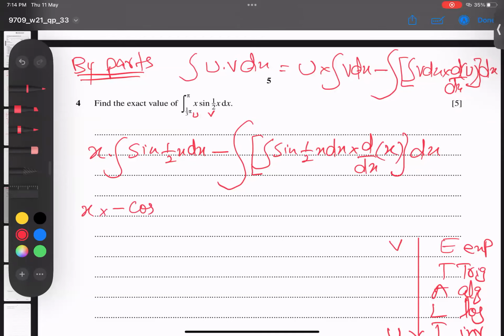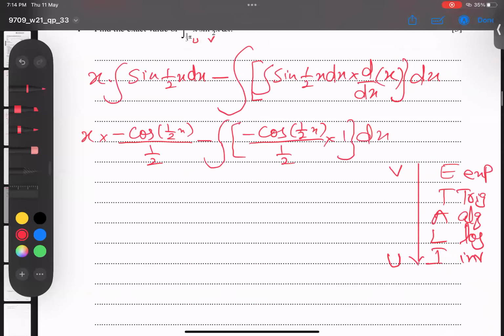Minus cos half X divided by the angle's derivative, which is a half. All right, this whole thing I copy paste here. Now afterwards, what is X differentiation? 1. And close bracket and dx. So simplification: when a fraction comes in the denominator, 1 over 1 over 2 flips.